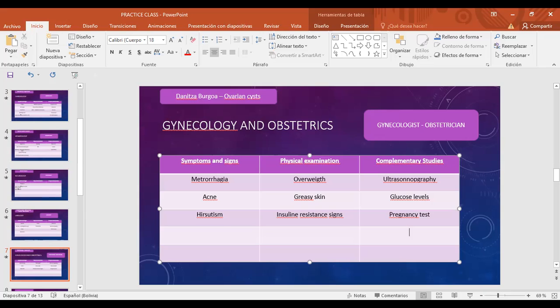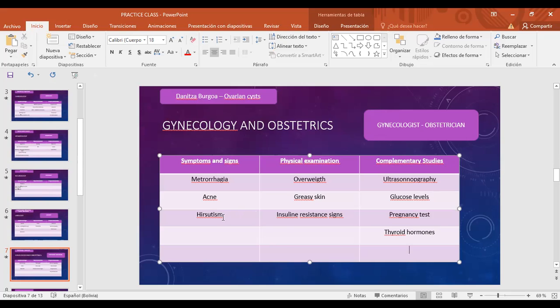Anything else about laboratory, maybe? Maybe I can ask for thyroid hormones. Thyroid, right? Yes, great, thyroid hormones. Awesome.